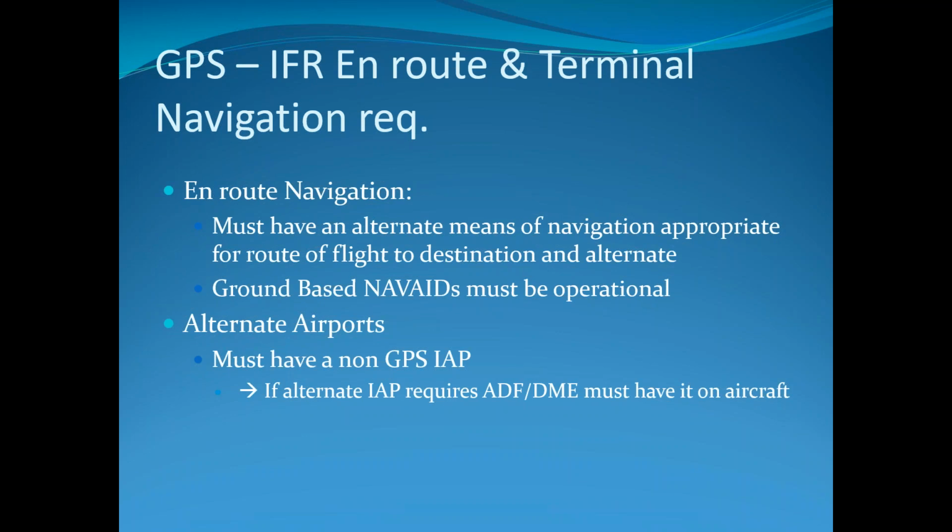I don't know why they do that, because ground-based technology is far more inaccurate than satellite, and it's far more unreliable than satellite. But you could fly a flight with only ground-based and no satellite, but you can't fly one with only satellite and no ground-based navigation aids. So it's basically just saying that if we're going to use satellite navigation en route, we always have to have a ground-based backup wherever we're going.